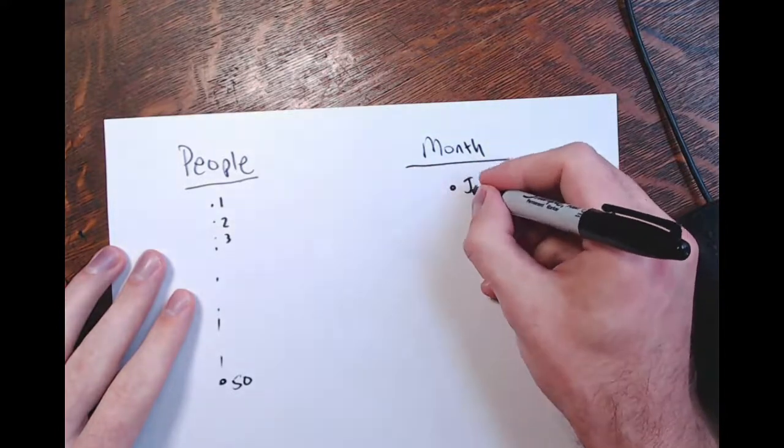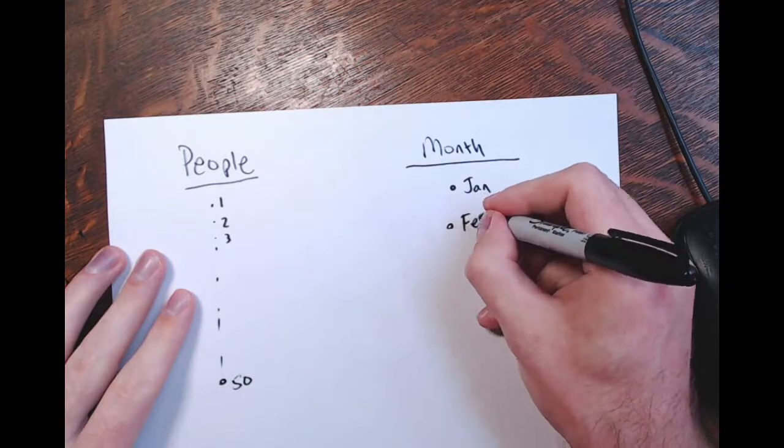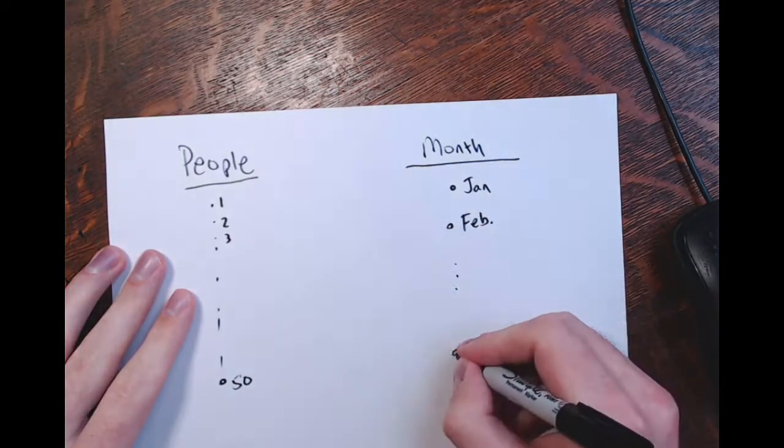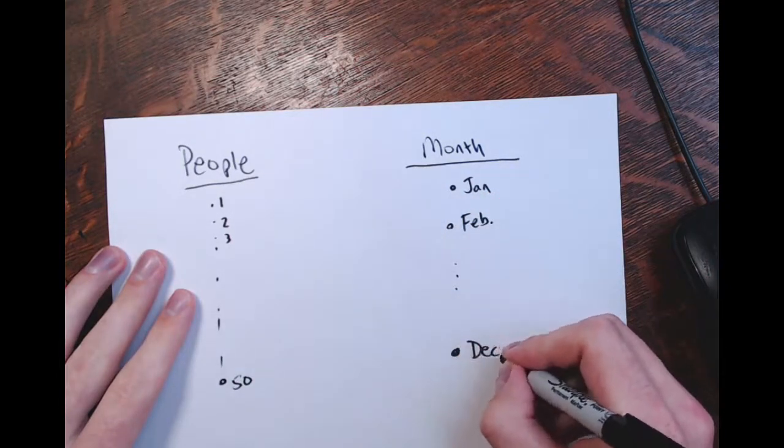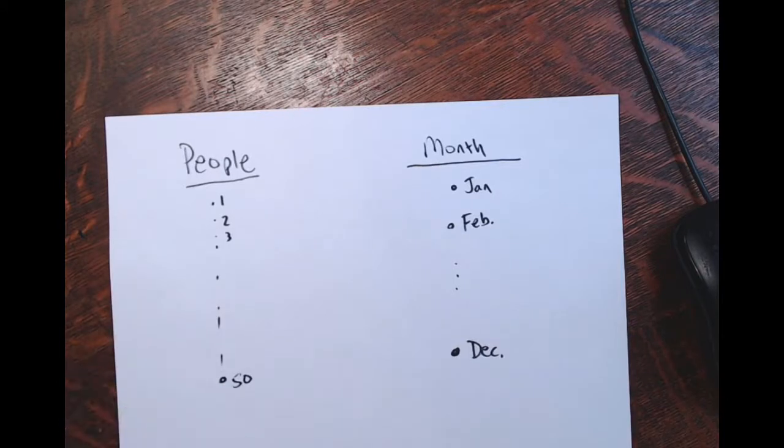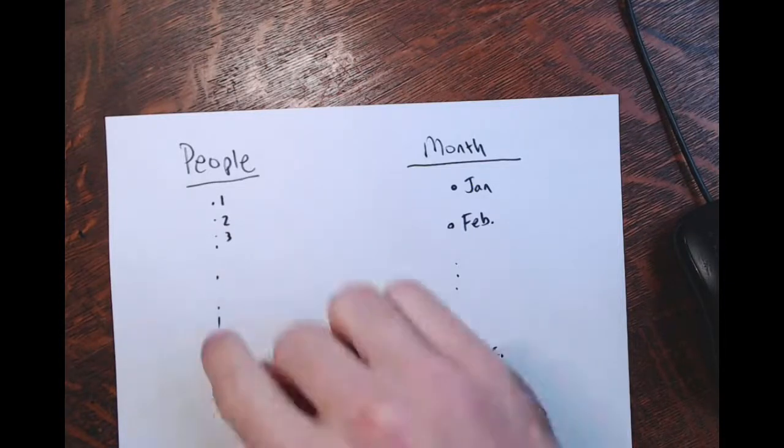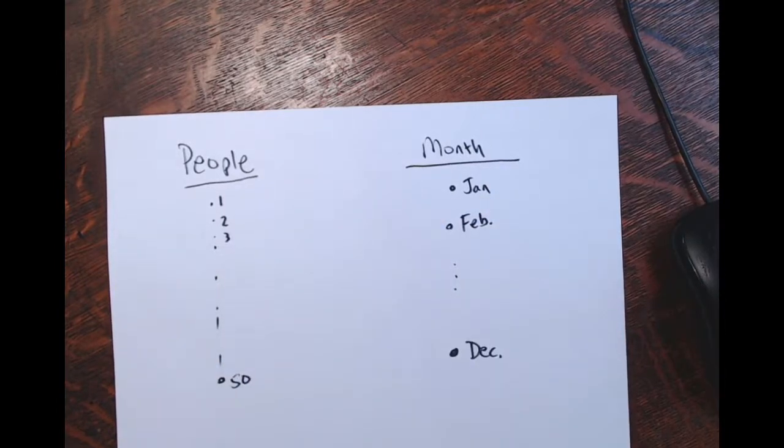January, February, all the way down to December. You see definitely more people in the domain than there are in the target, so this is definitely not going to be 1-to-1. But they're asking, could I guarantee that 5 of these people will go to the same object?